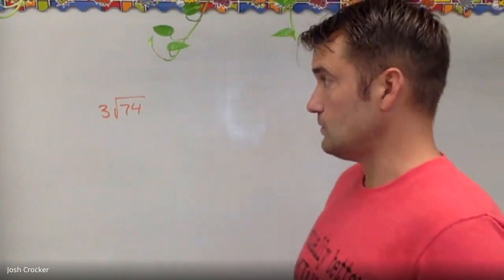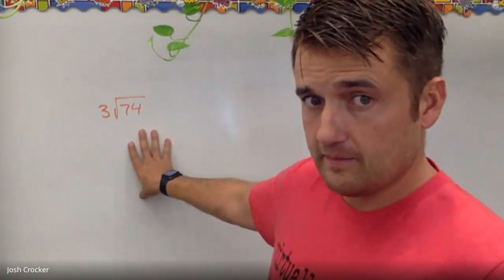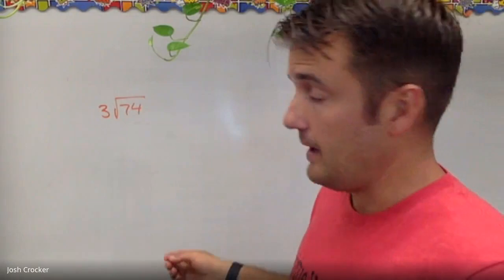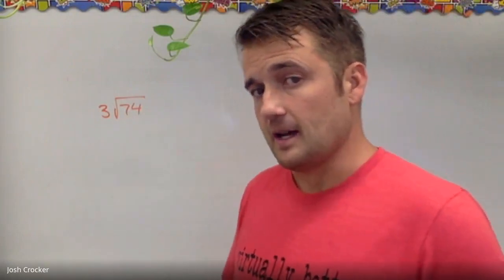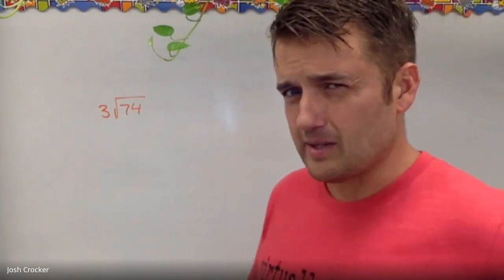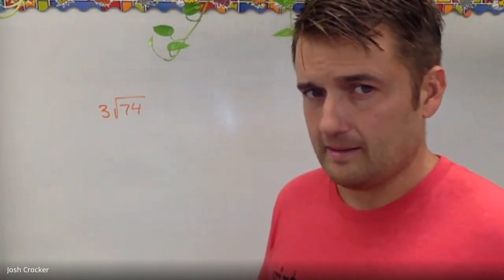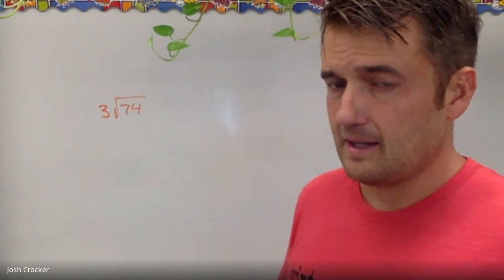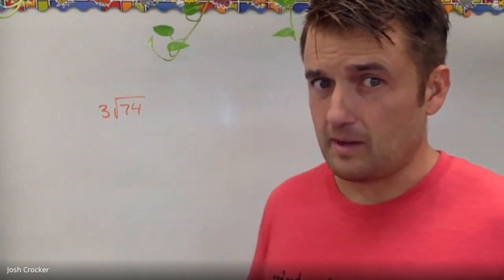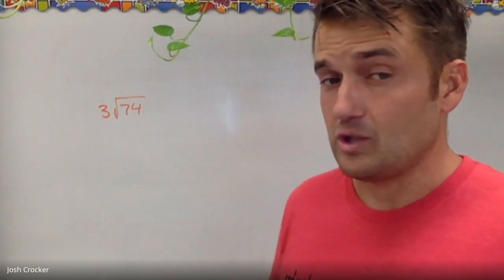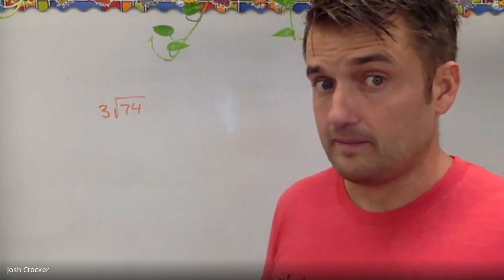So I want to look at problems like this: 74 divided by 3. The one thing that you need to know about long division is that we're always going to do the smallest division problem we can. So I don't have to actually do 74 divided by 3. I can start with just doing 7 divided by 3.